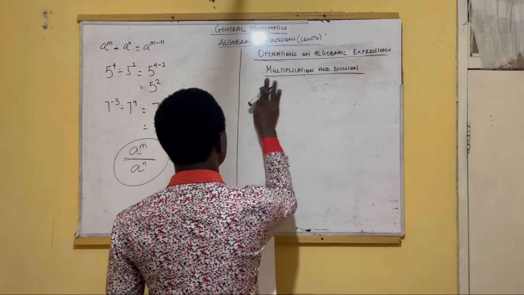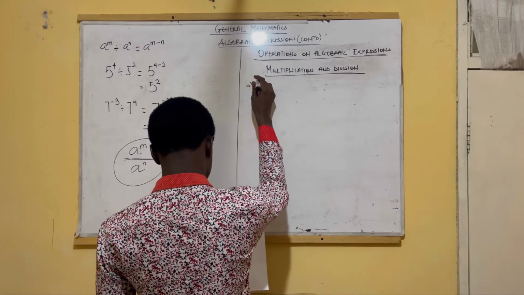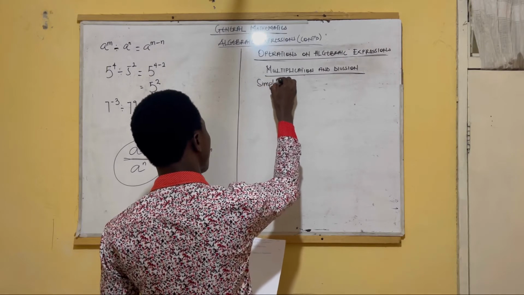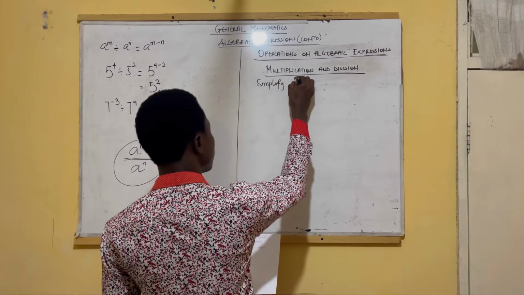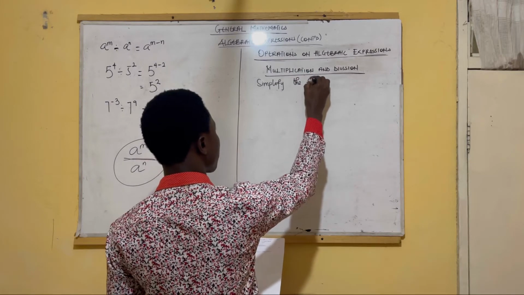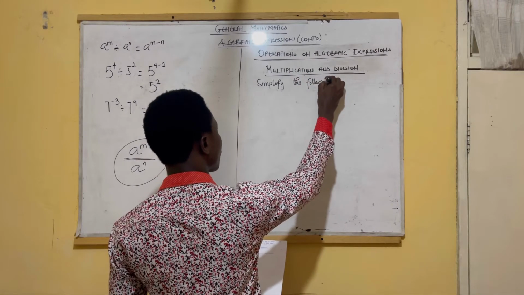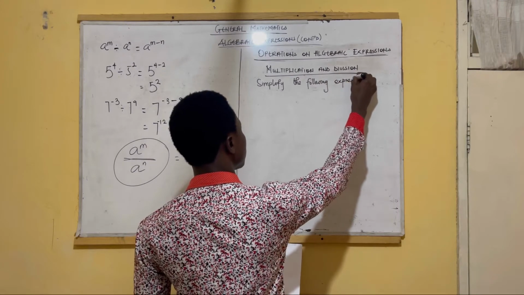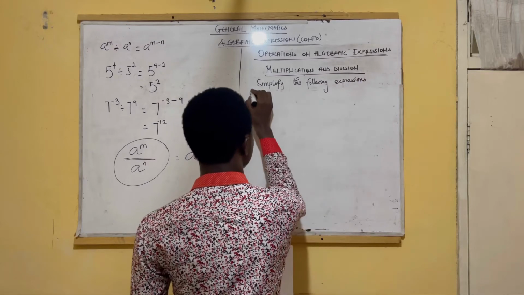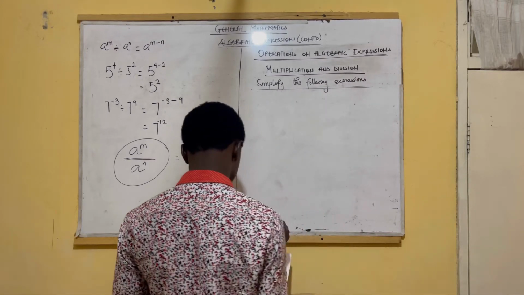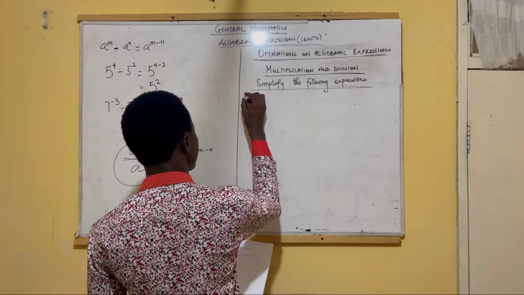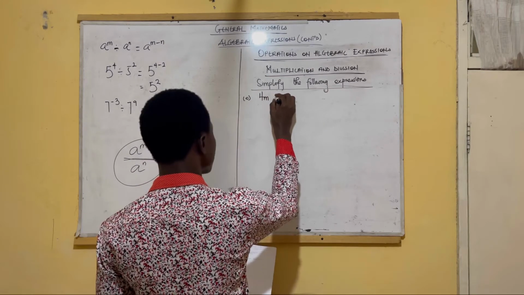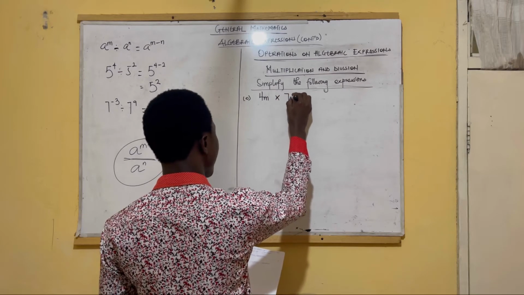Alright, so the first part. Simplify the following expressions. With A, you have 4m multiplying 7m exponent 3.